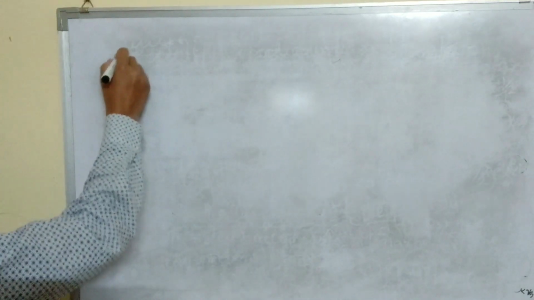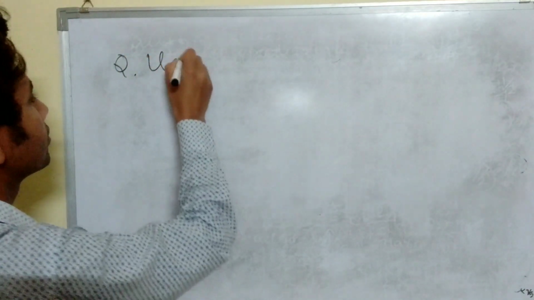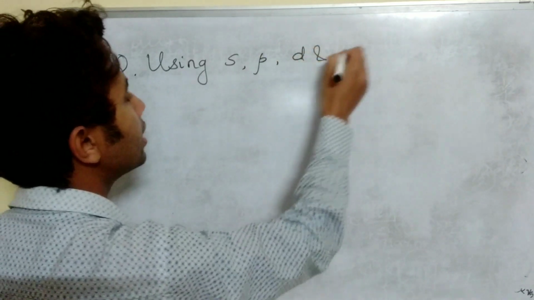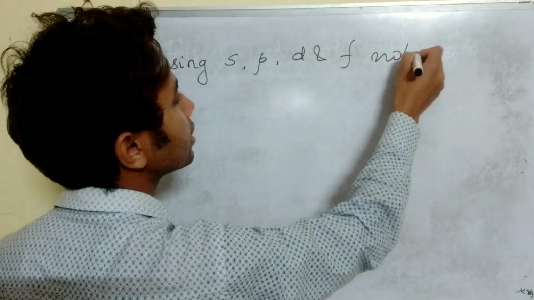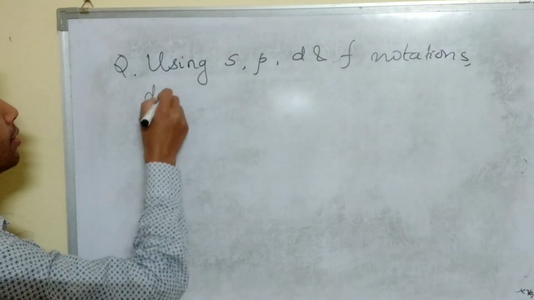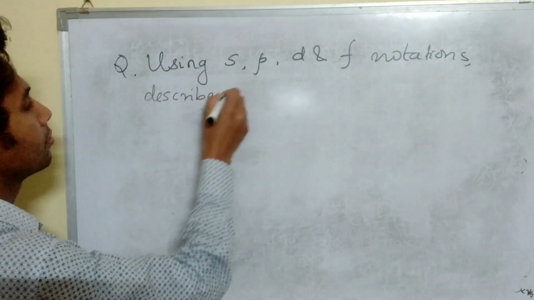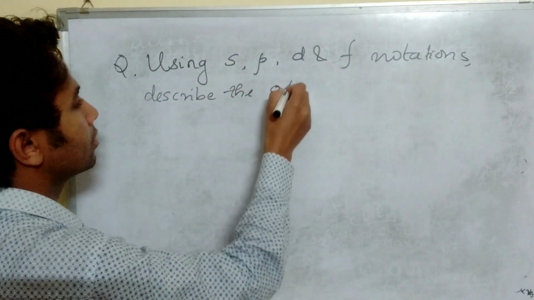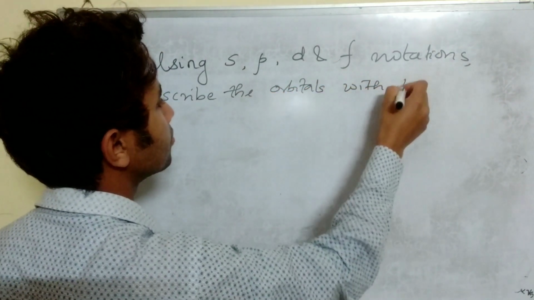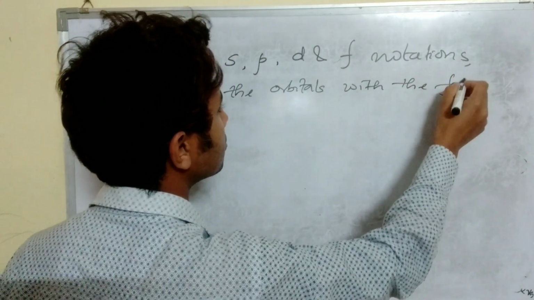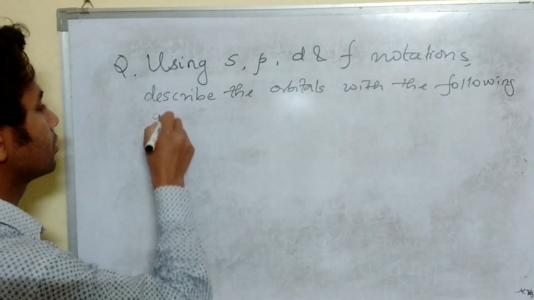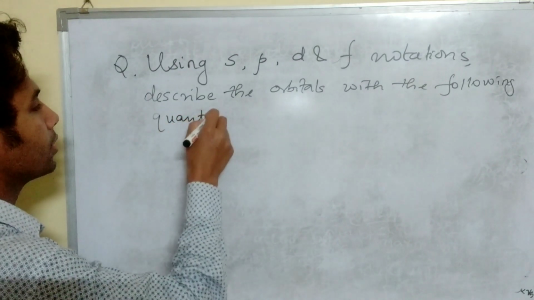Let's see another question. Using s, p, d and f notations, describe the orbitals with the following quantum numbers.